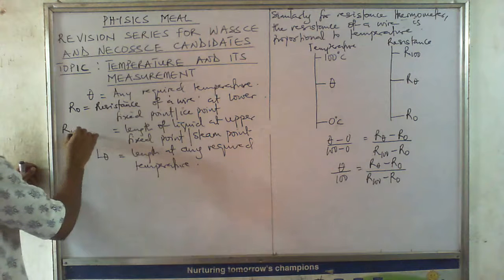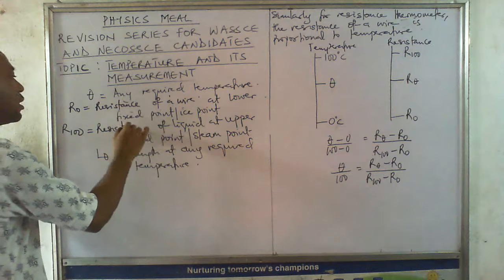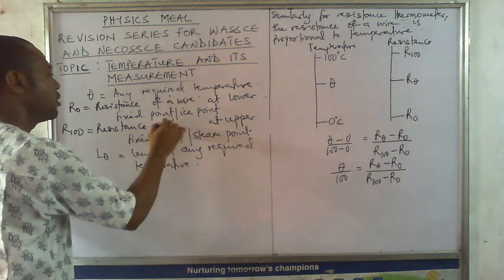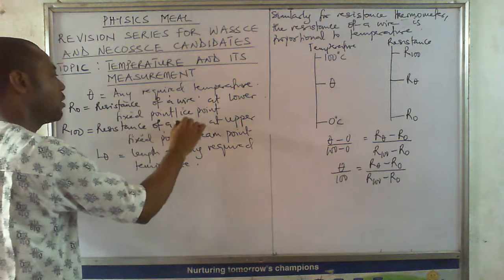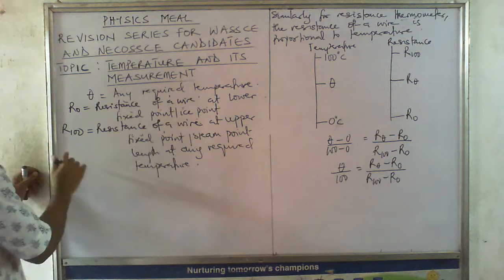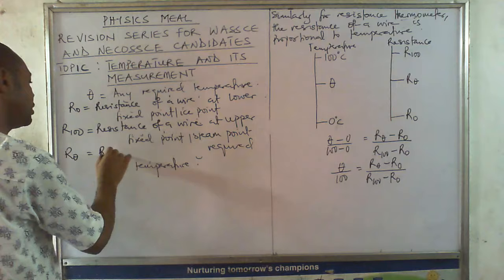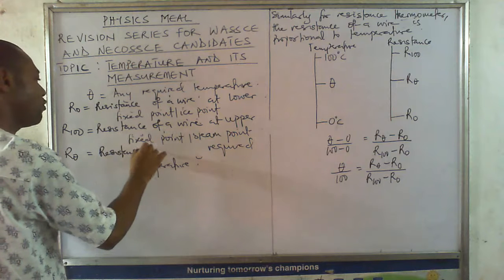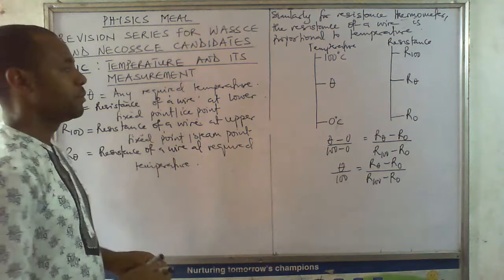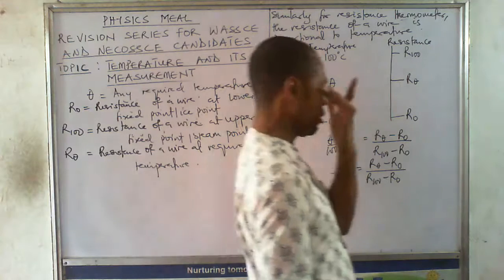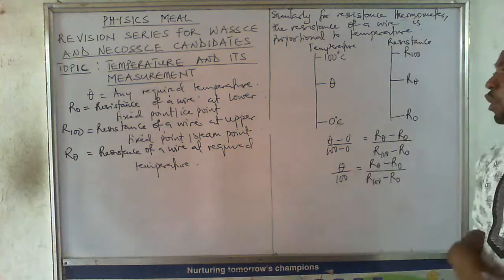So R100 will now become the resistance of a wire at upper fixed point, and then R theta now becomes the resistance of a wire at the required temperature. Okay, that's the second expression. I believe you have taken note of that.